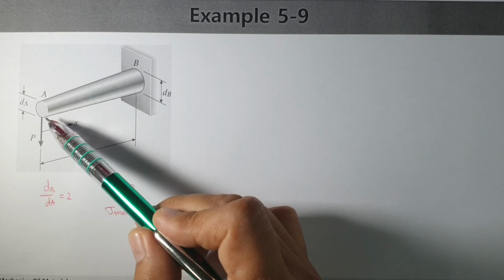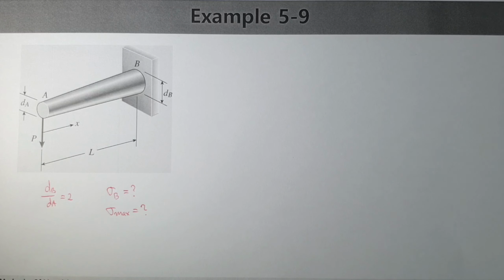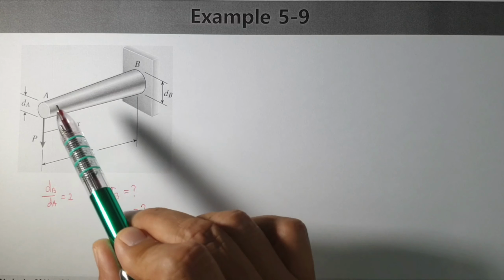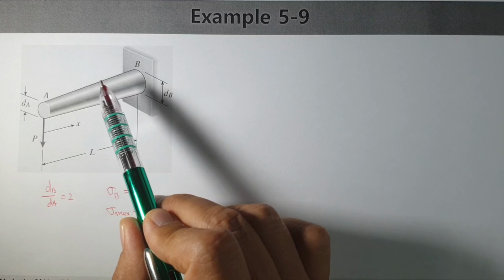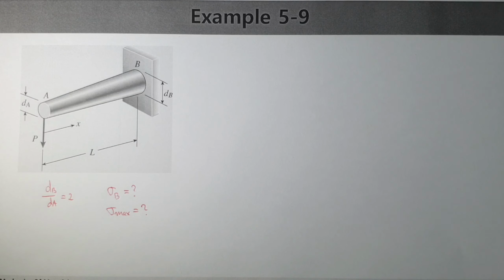The end of the cantilever beam A is located like this one. The beam is tapered. What's tapered? The slope is very small. If it's very steep, then it's impossible to apply here. We apply another theory related to theory of elasticity.